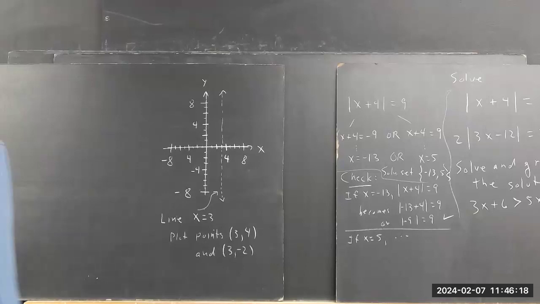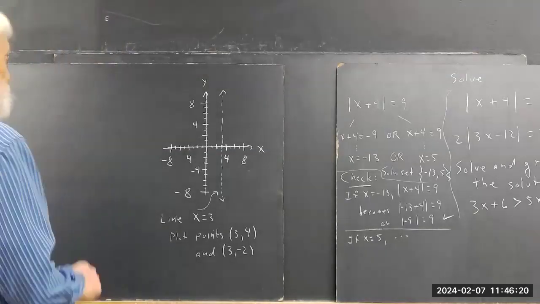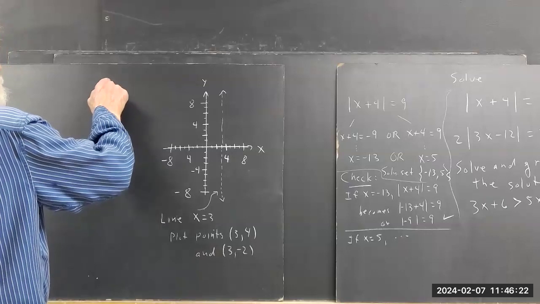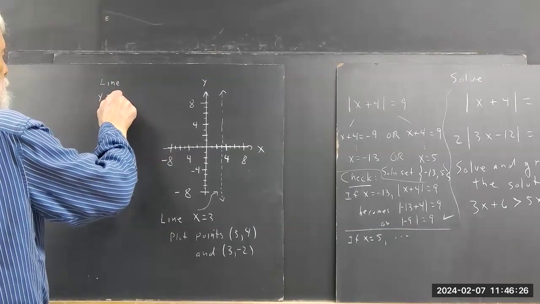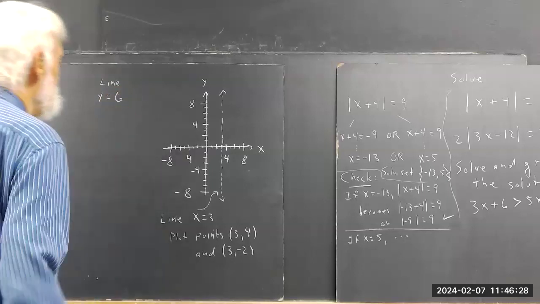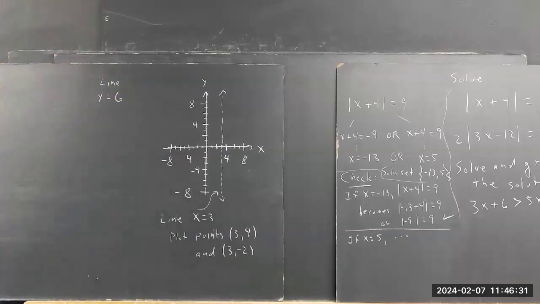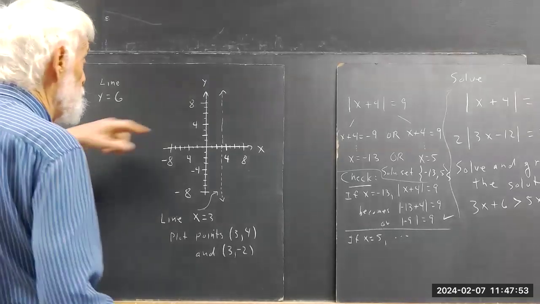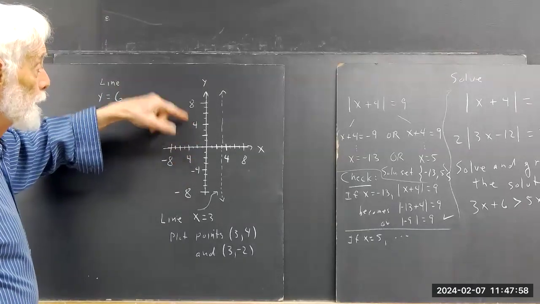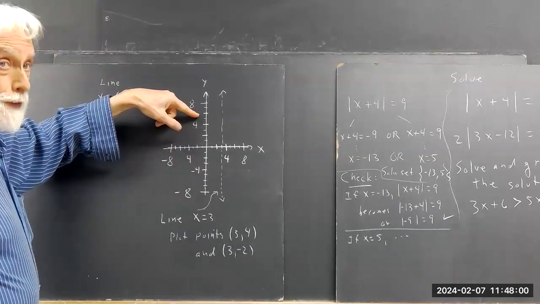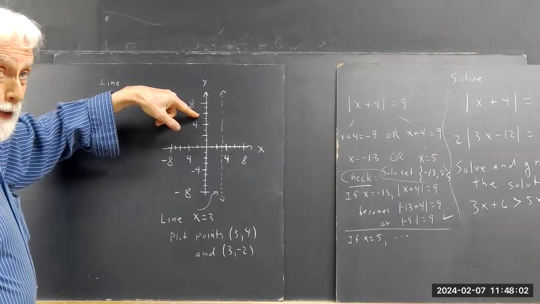Now, how about the line y equals 6? The line y equals 6, well, 6 is going to be right here, whether you've labeled or not. 4 is here and 8 is here, and you should know that 6 is halfway between 4 and 8.